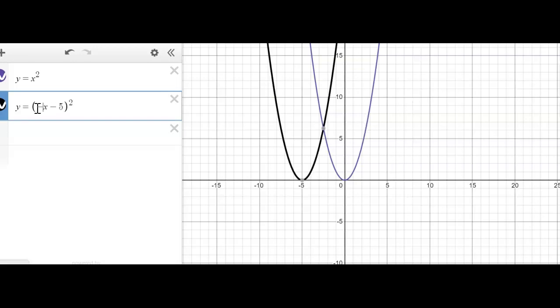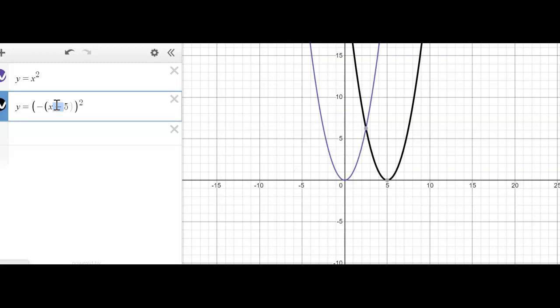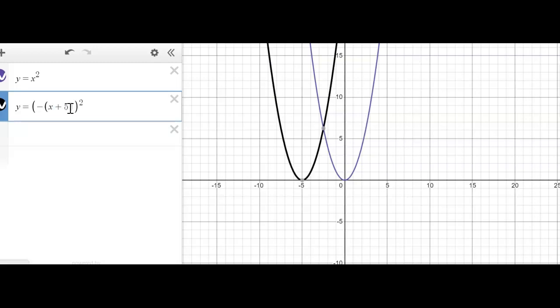So the reflection. Now you will notice that instead of having a reflection, you could just say it's moved to the left 5, and we could then get the same thing as if we did this.